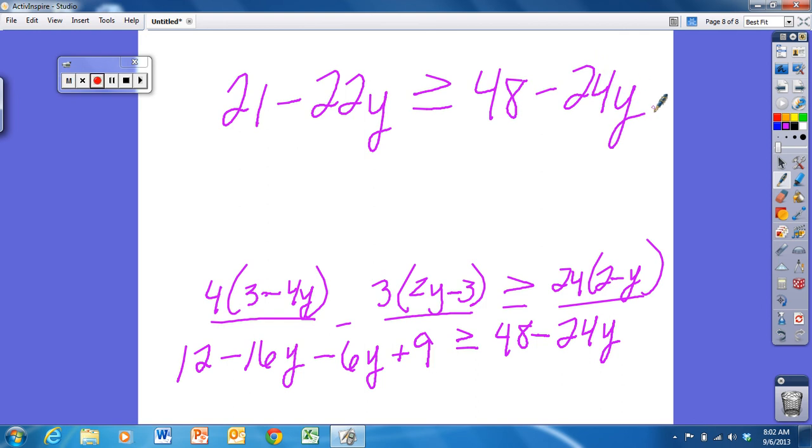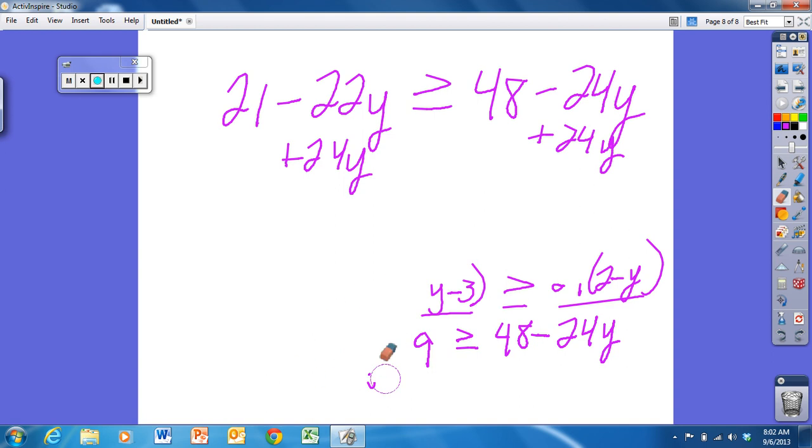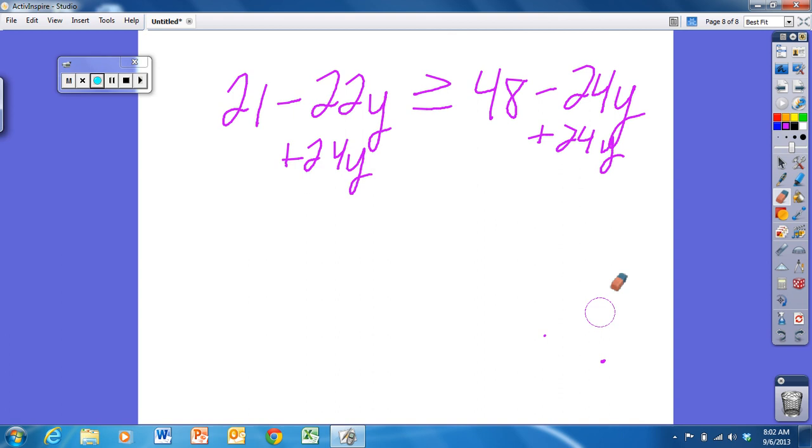Now I've said before I like my variables to have positive coefficients, so I'm going to move my 24y over here. I'm going to add 24y. I always move the smaller one, and -24 is smaller than -22. So again, I'm going to give myself some more room. Okay, so 21 plus 2y is greater than or equal to 48.